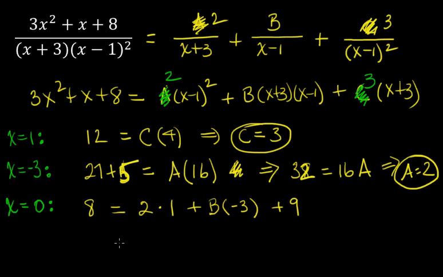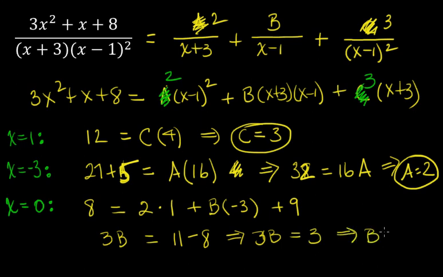So this gives us, what? 3b, moving that over to the left, is equal to 11 minus 8. So that gives us 3b is equal to 3. That's nice. So b is equal to 1.